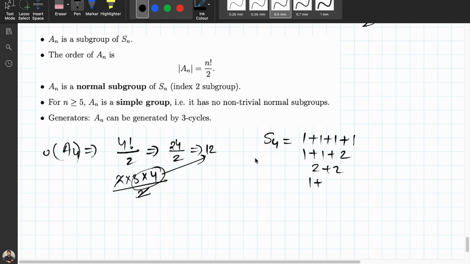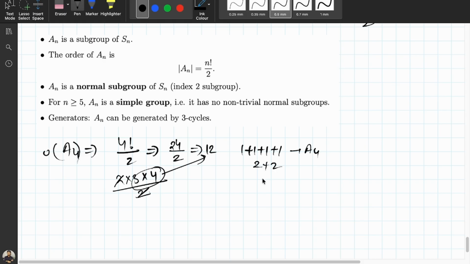Take only even permutations. So this is A4, which has 12 elements. It's very important. So what are the elements? That is 1 plus 1 plus 1 plus 1 in A4. I'm talking about A4. And 2 plus 2 and 1 plus 3 also. So in total 12 elements are there.